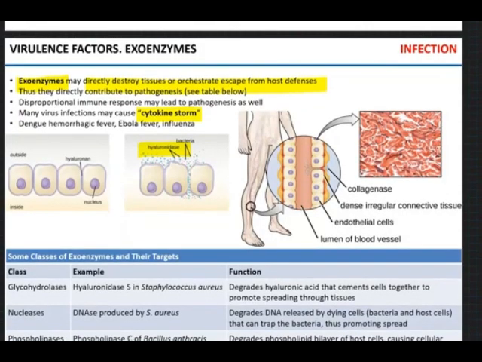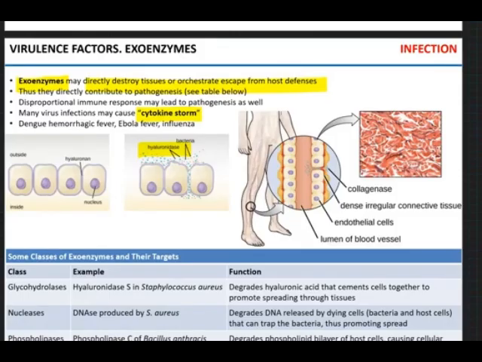Now, viruses often cause what's called a cytokine storm. So when you get, let's say, influenza, your immune system starts fighting infected cells, killing infected cells. And during that fight, it releases a bunch of inflammatory cytokines. These cytokines trigger all those responses that you feel.